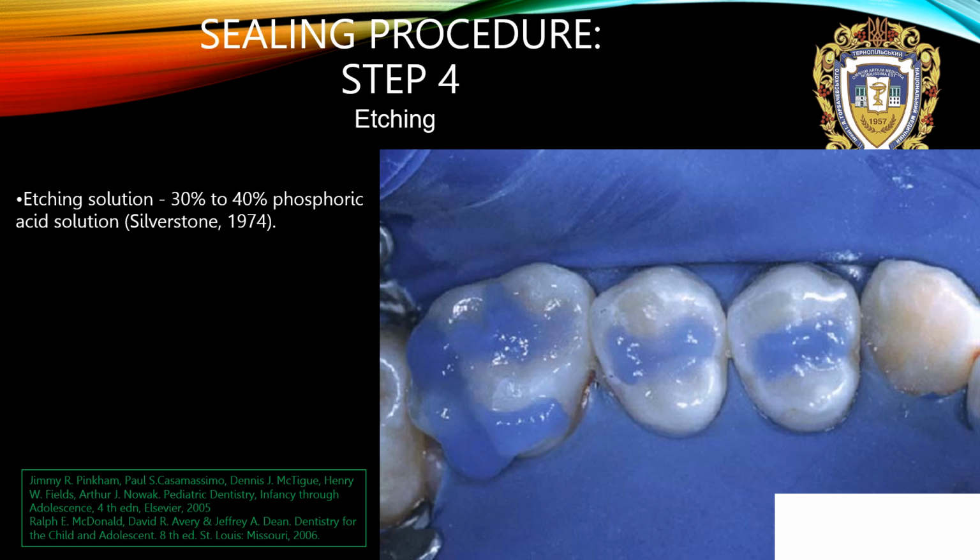Fourth step, etching. For etching, we use an etching solution of 30 to 40% phosphoric acid.